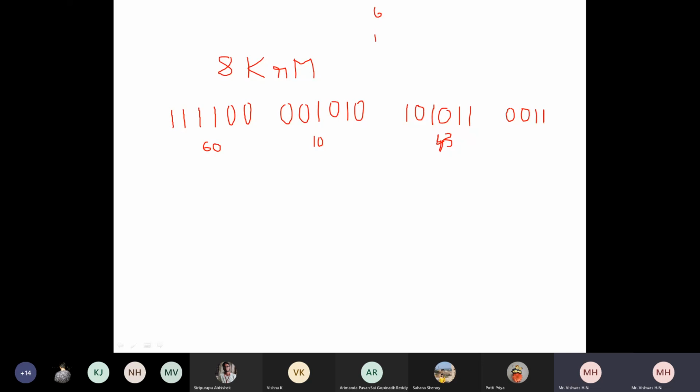So I need 4 also. And the other 2 is 0. This is 2 and 1. This is 0. So this is 12. Okay. So 8 is this, K is this, r is this, and M is this. So this is the binary representation of the radix 64 converted values.